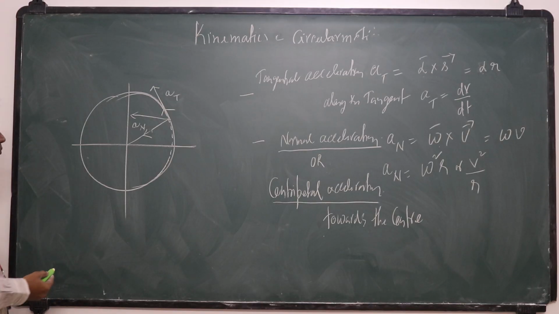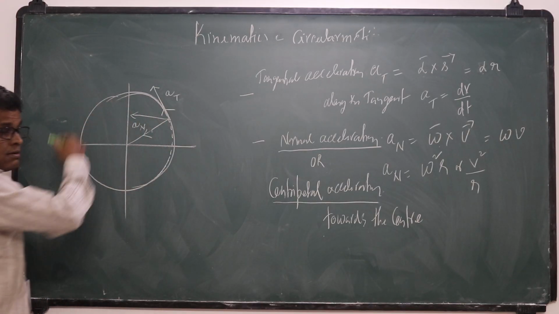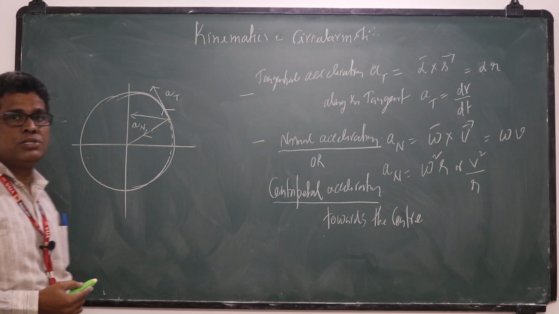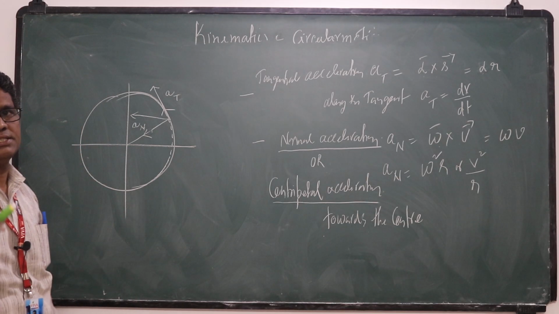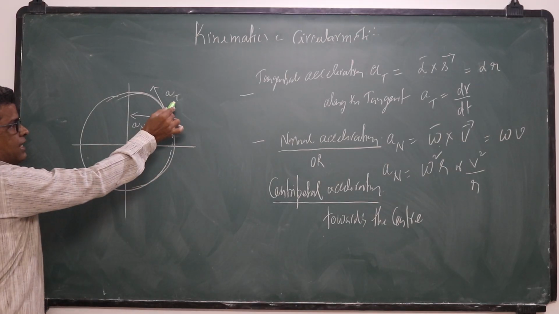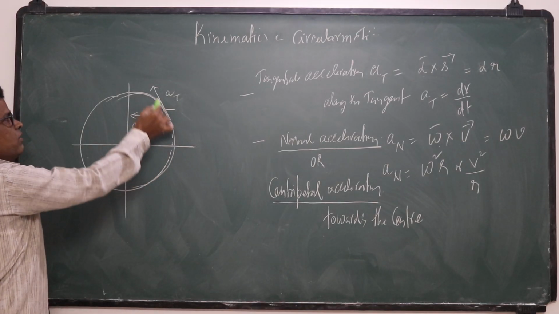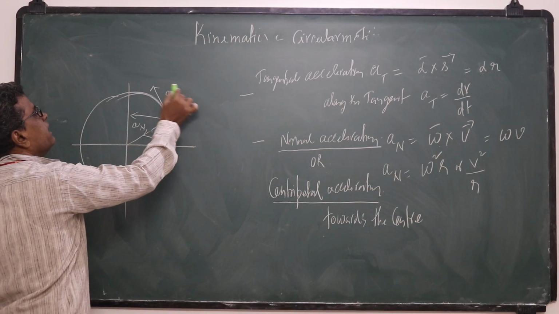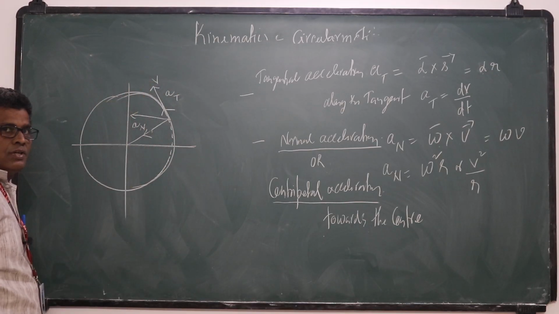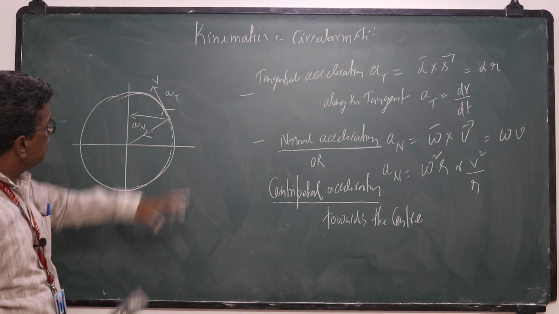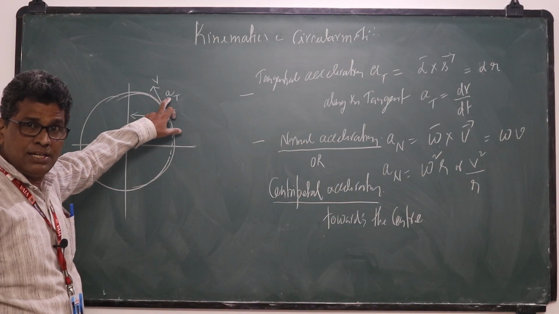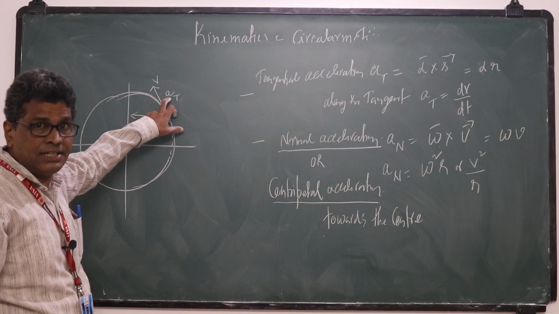So when a particle moves in a circular path with variable speed, it has two components of acceleration. Number one, tangential acceleration, along the tangent or in the direction of V. It arises due to the change in the magnitude of velocity.